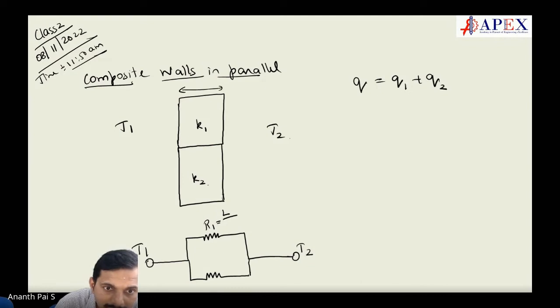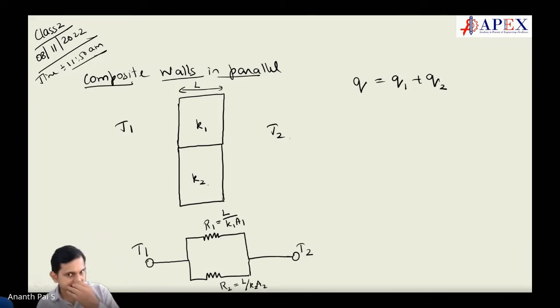That time area was constant, now length is constant. Make sense? This is how the things are.